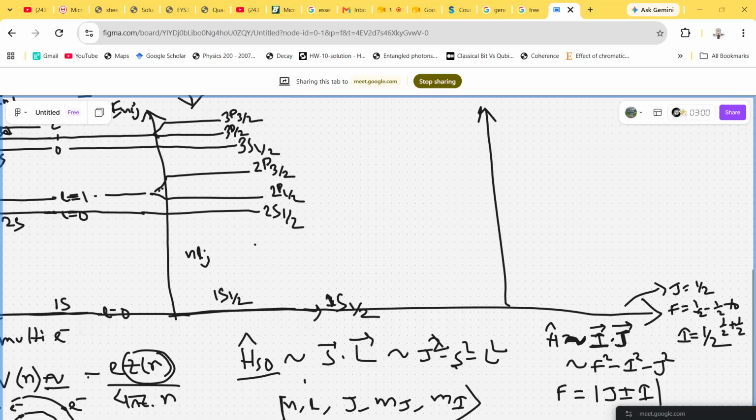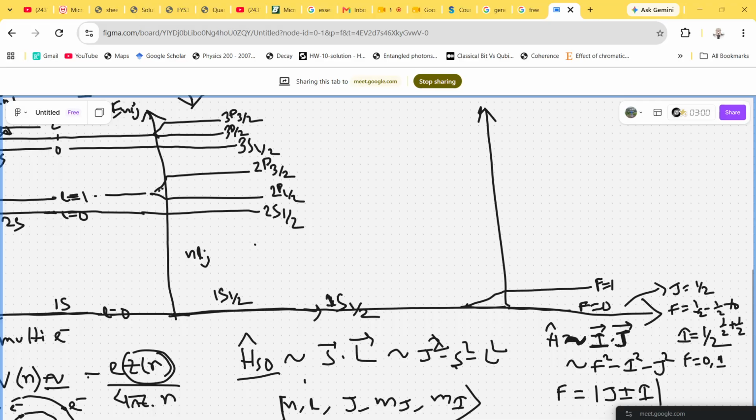So F has two values, one is 0 and another is 1. Now the degeneracy will be lifted and it will break into two levels, the lower one with F equals 0 and the upper one with F equals 1.